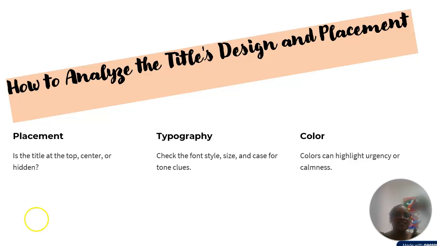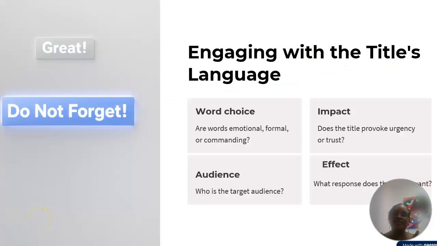Once you have considered this, you've got to move on to the language itself. What words have been chosen by the writer to hook their audience, to foreshadow the content, or even introduce their perspective on the subject matter? You've got to engage with the language of the title. What words has the writer chosen? Ask yourself whether these words are emotional, casual, formal, or commanding.